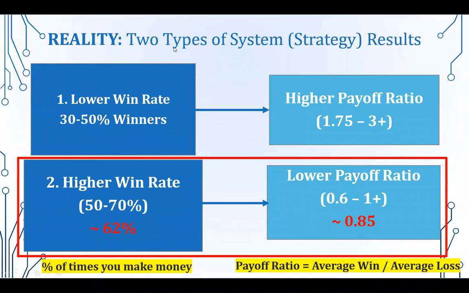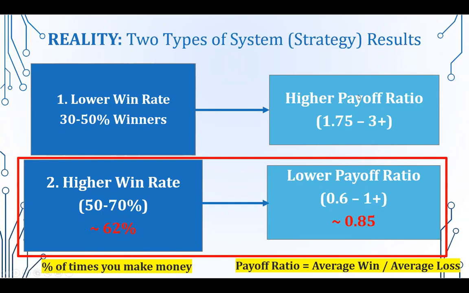You can have one where you're usually going to get a lower win rate, let's say 30 to 50% winners, but a higher payoff ratio, like 2 to 1 or 3 to 1. You're going to risk $1 to make $2, or risk $1 to make $3 on average between all your trades.